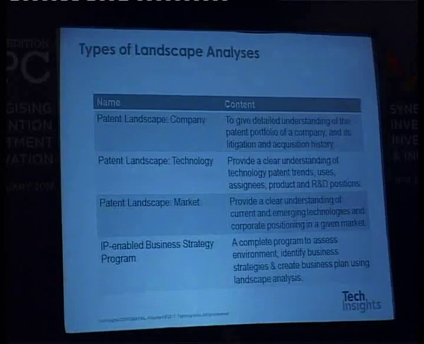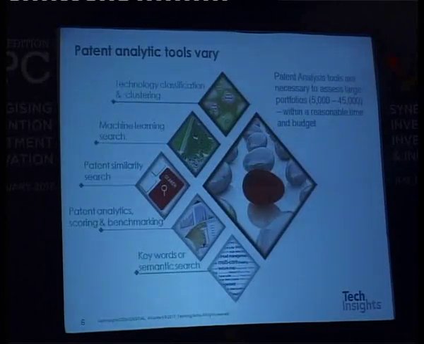But whatever it is that you're doing, you're trying to use these analytical tools to provide data that builds information, that gives you knowledge, that gives you assurance when you're making an IP-driven decision that you're making the right decision. And there's a whole bunch of different types of tools that you can use, and this is just a quick schematic that talks about that. Classification tools and clustering tools that use things like the IPC codes build things into a specific preset taxonomy, so you can organize like patents together.